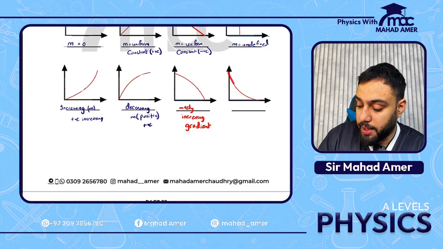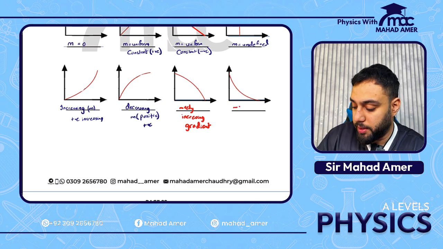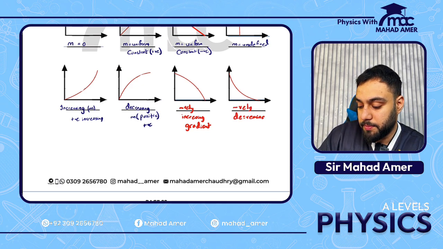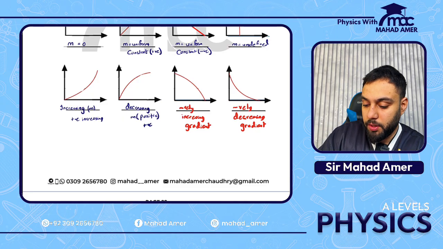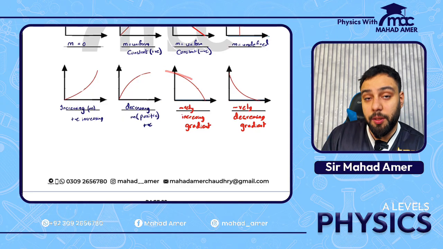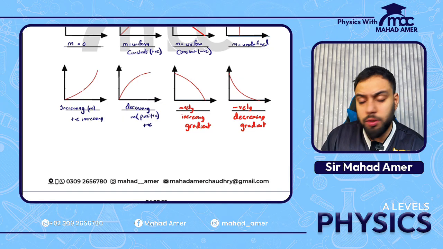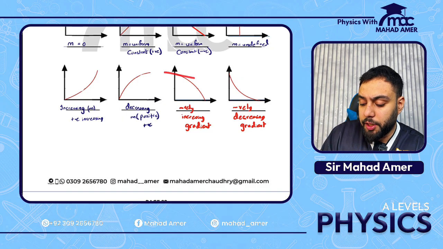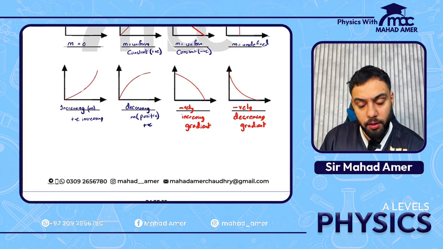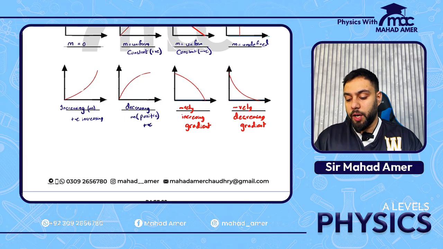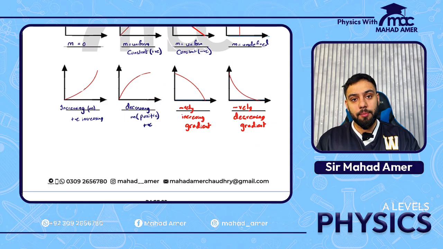And this is a negatively decreasing gradient. So if this would have been a velocity time graph, the deceleration would have been increasing and the deceleration would have been decreasing. So where are these graphs going to be applying? I'm going to be coming to that.